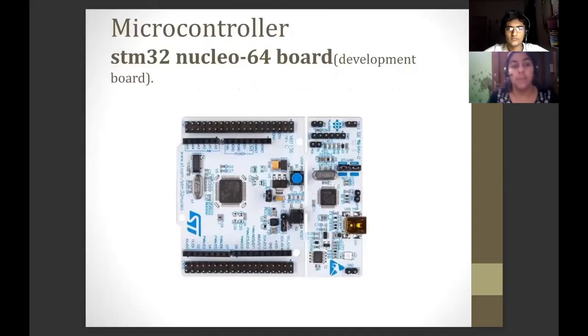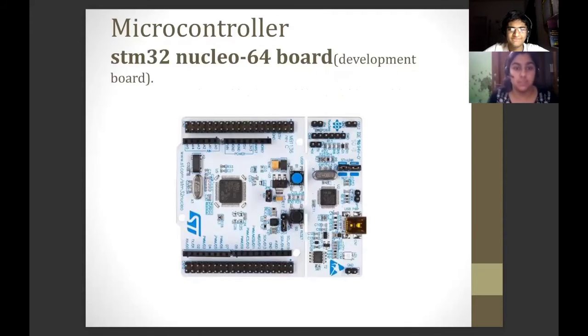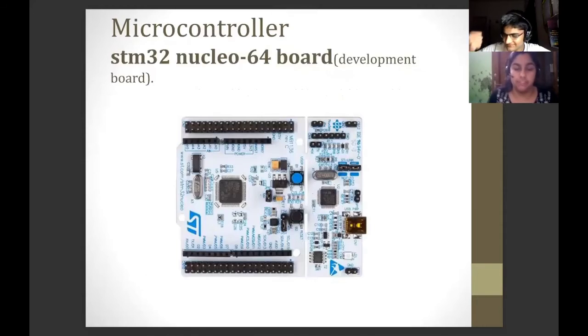Next are the microcontrollers. STM32 Nucleo 64 development board. The microcontrollers are used to program the interface of the brain sensors. So, whatever reading the brain sensor gives is controlled by the microcontroller, which performs operations accordingly.